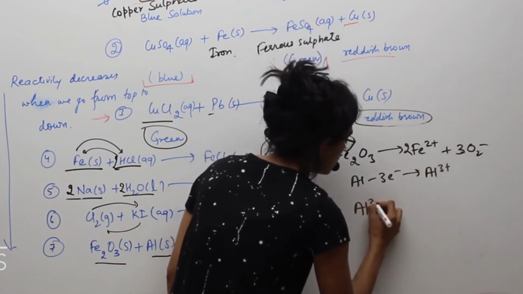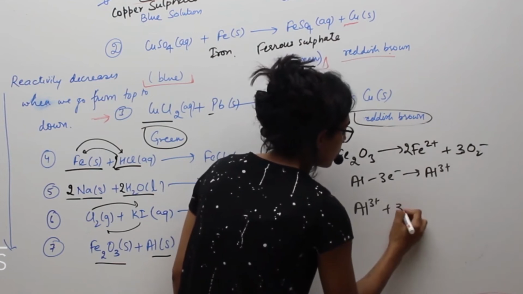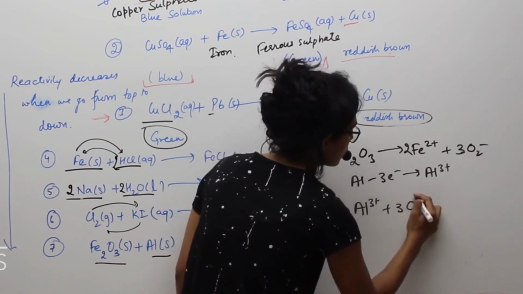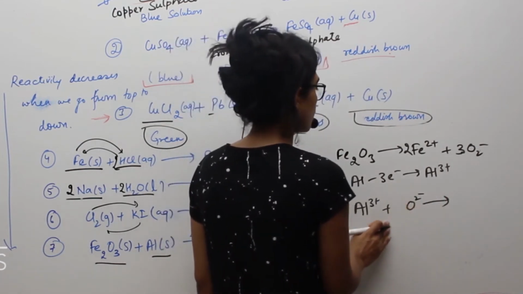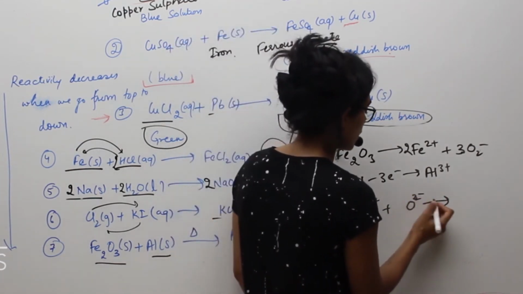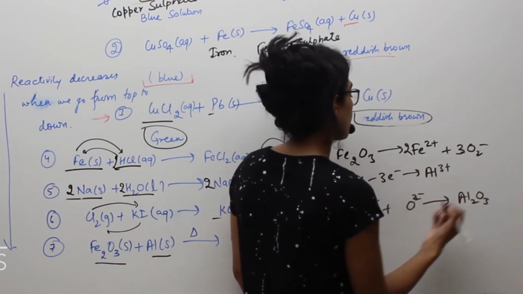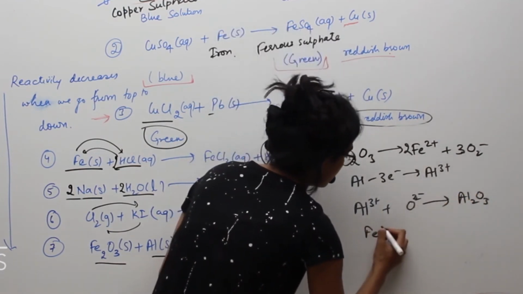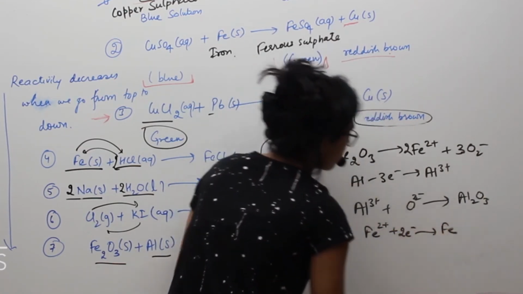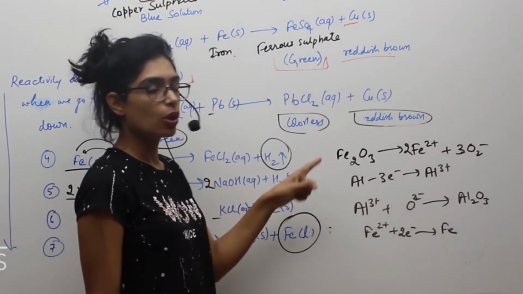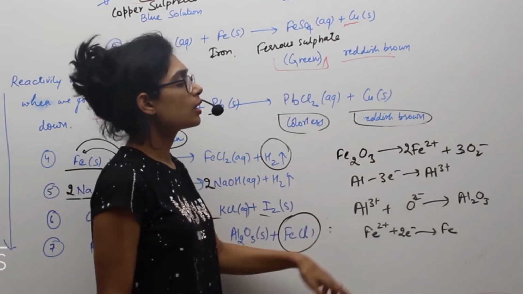Then Al3 plus and O2 minus will form Al2O3; balancing I'm not doing right now, you will do it on your own for this reaction. And Fe3 plus will gain electrons and form Fe. Now if you look, this reaction is not at all balanced. The number of electrons are different, the number of ions are different, everything is different.